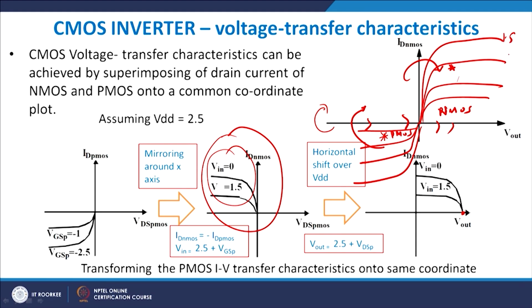So, this is 1.5, 1 volt, this is 0.5 and so on. When you have PMOS, you are in the third quadrant, you push it across the x axis, go to this point and then push it across the y axis to go to this point. So, I get this. Now, if I shift it to the right hand side I get something like this.